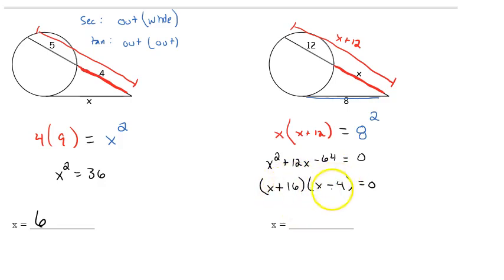Positive 16 minus 4 is positive 12. And once again, zero product property. x is negative 16, but x is a segment length, so it's not that. And x minus 4 is 0, so x is 4.